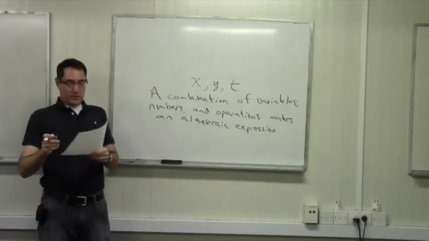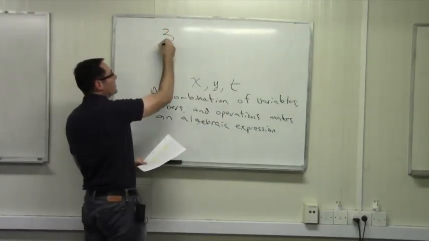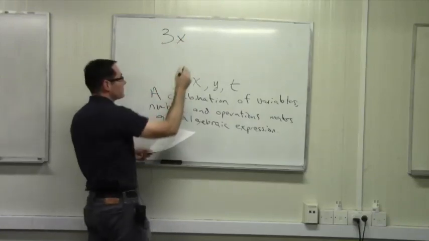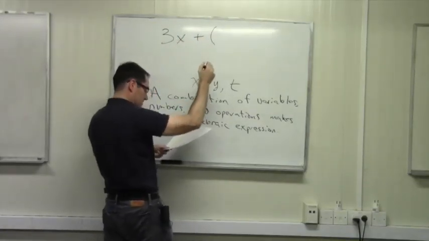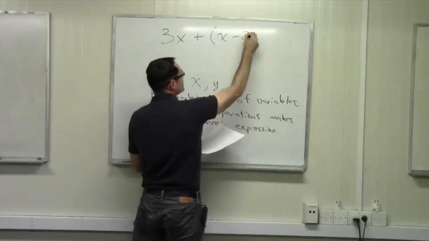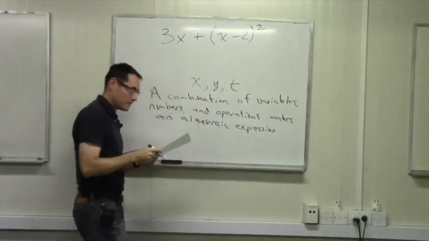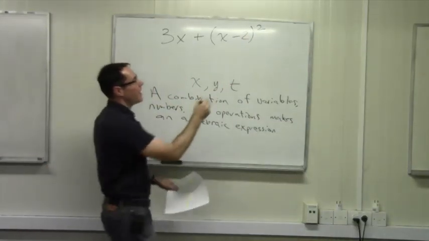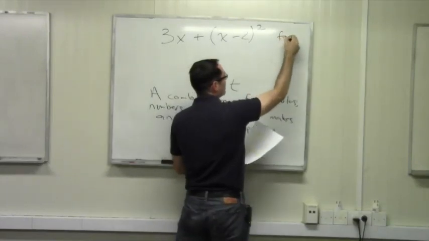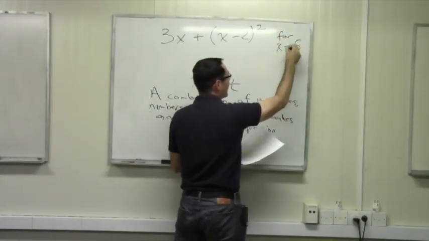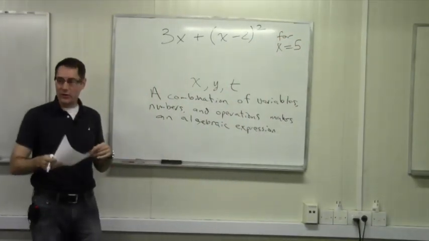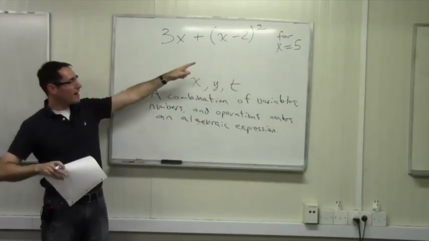So if we have 3 times x plus, in parentheses, x minus 2 squared, and we say that's for x equal to 5, all we're going to do is plug that x equals 5 in.